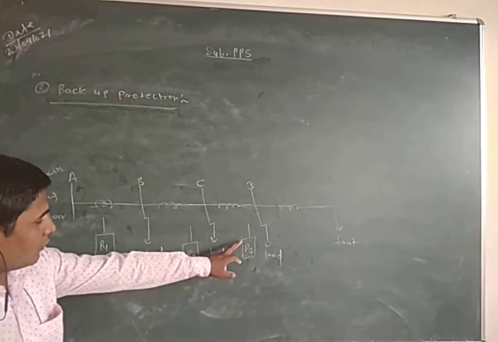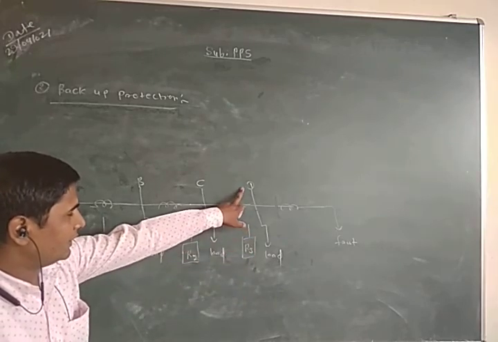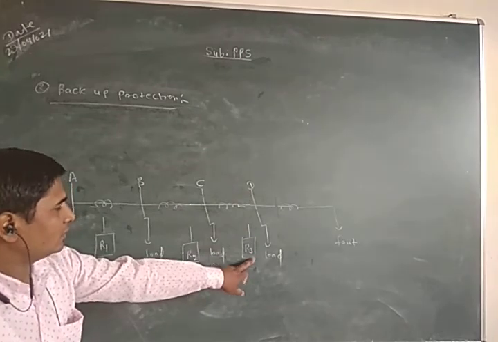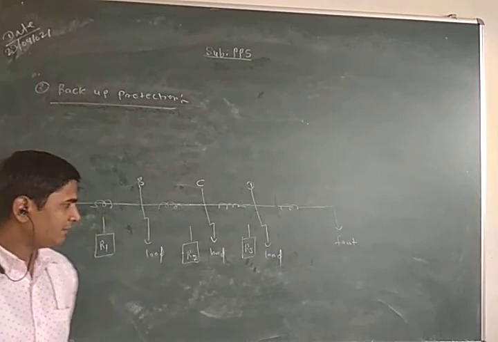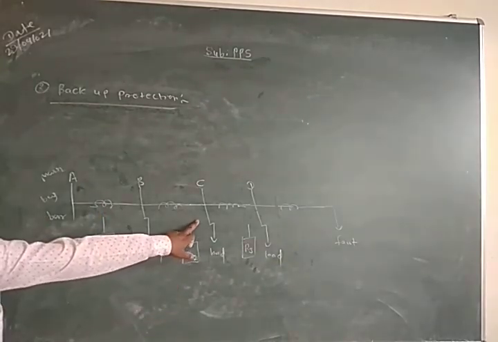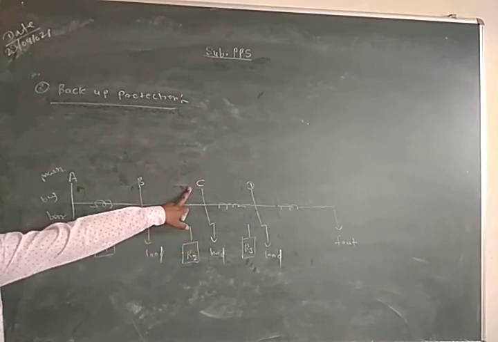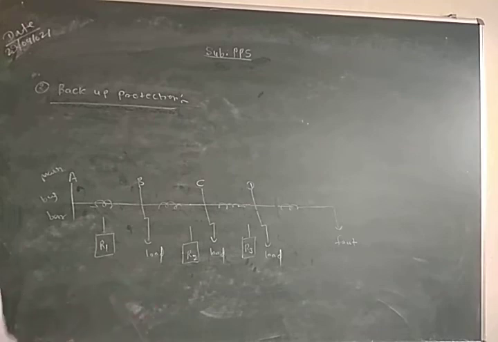But if our relay R3 fails or the circuit breaker of part B fails to isolate the faulty part from the rest of the system, then relay R2 will activate the circuit breaker of part C. So this type of protection is known as backup protection.